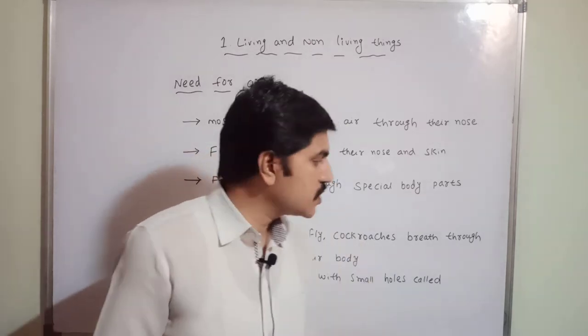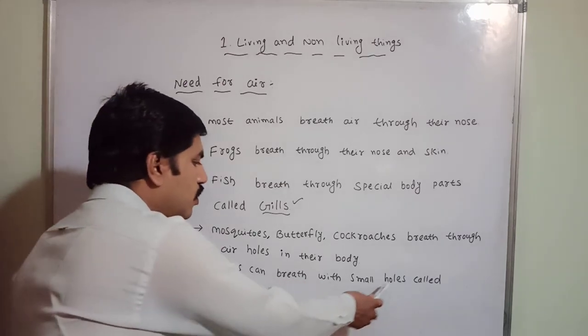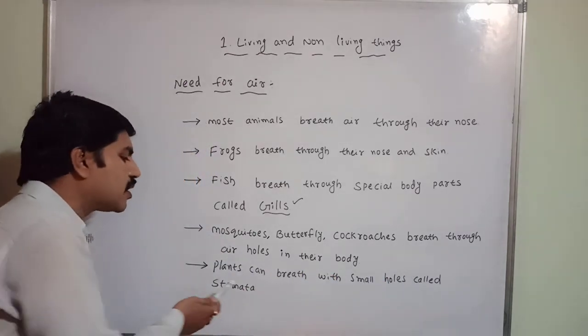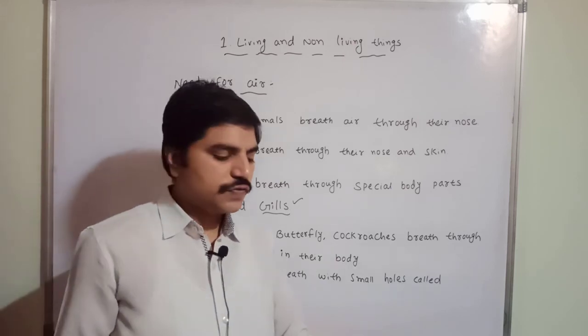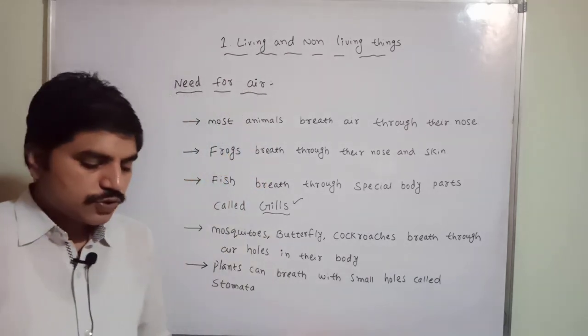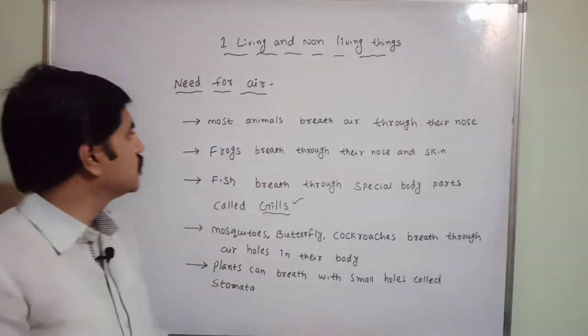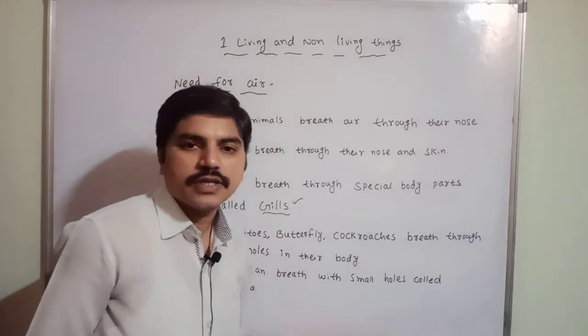I said just now, plants breathe with small holes called stomata. The answer is stomata. Okay, children? So these are the different types of living and non-living things.